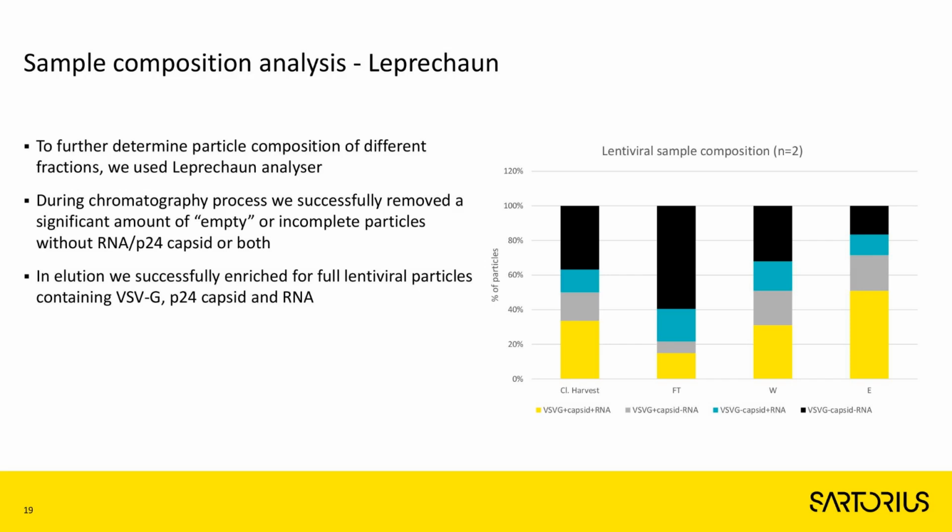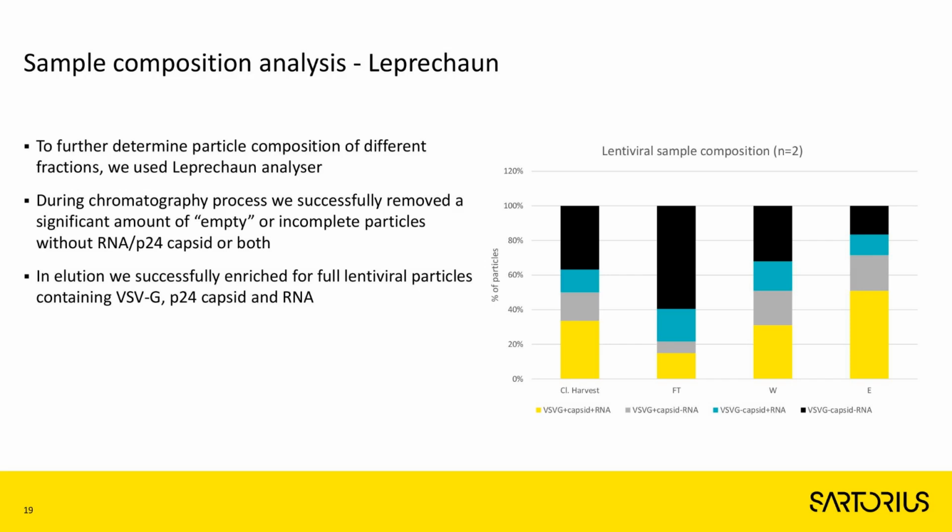And if we look at the results on the right, we have the average composition from the two runs of different fractions. And if we look at the composition, in the yellow, we have the so-called complete lentiviral particles, which have VSVG, P24 capsid, and RNA.